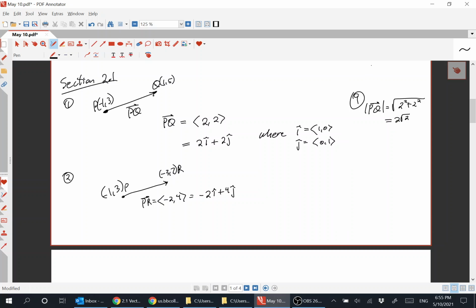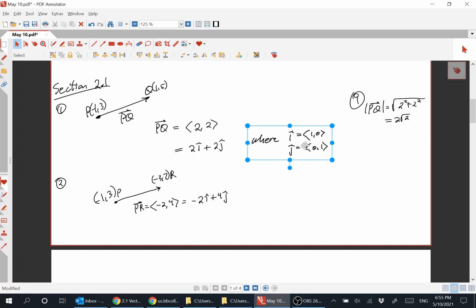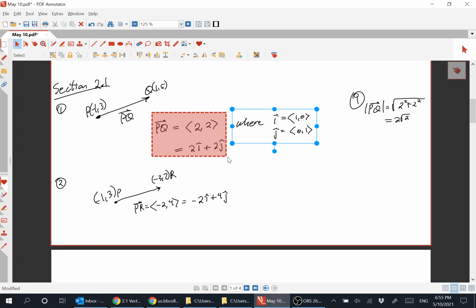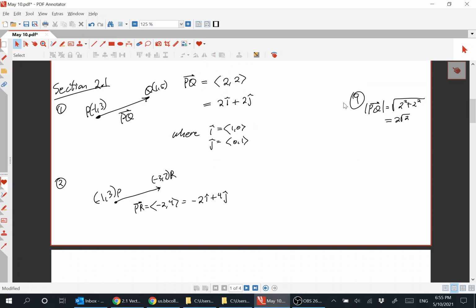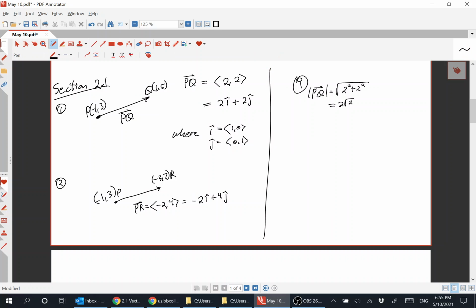Number 9 asks for the unit vector in the same direction as PQ.